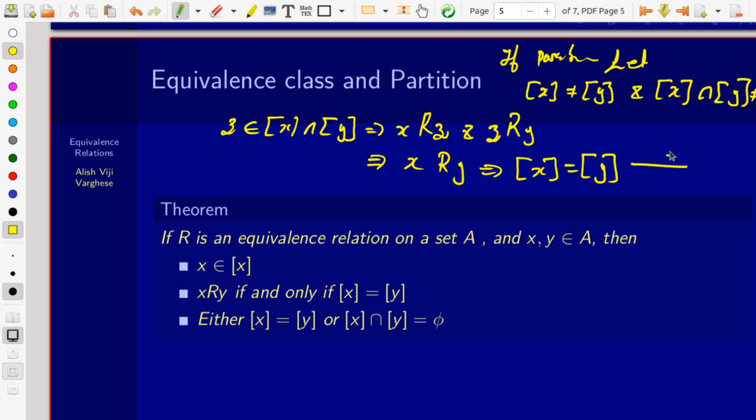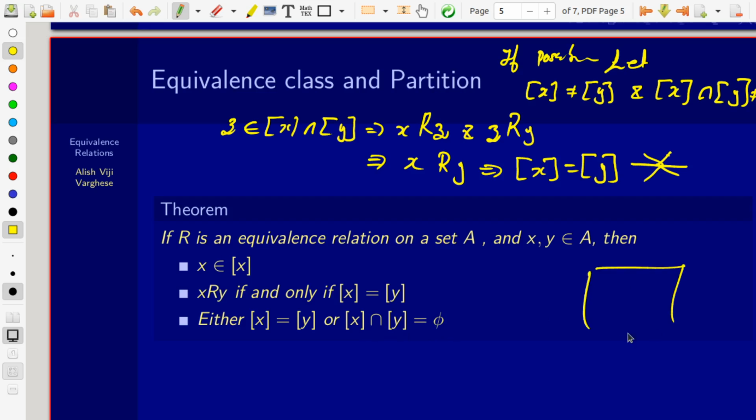So it's a contradiction, and that contradiction is due to our wrong assumption that the equivalence class of x is not equal to the equivalence class of y and the intersection is not equal to phi. So that proves our result: either the equivalence class of x is equal to the equivalence class of y, or their intersection is equal to phi.